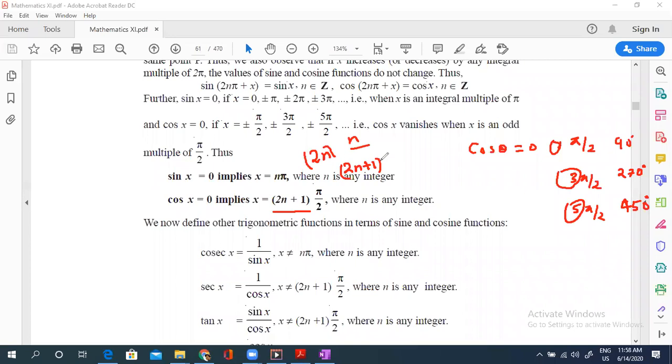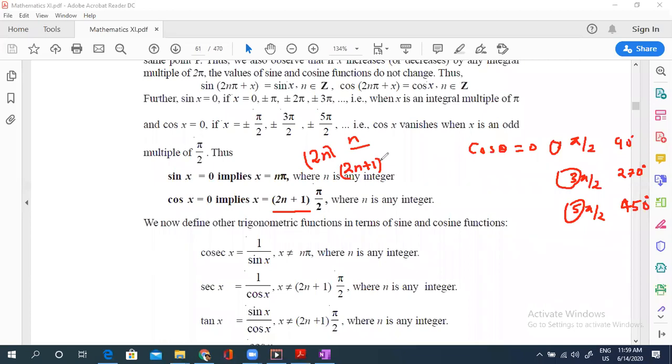Now Yashash, you have to understand, theta is the angle, value is the ratio. Okay, pi is the representation of angle, not the value. Everyone should be very clear, right?